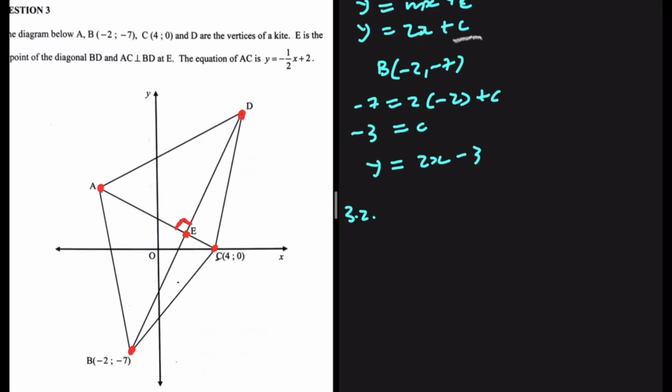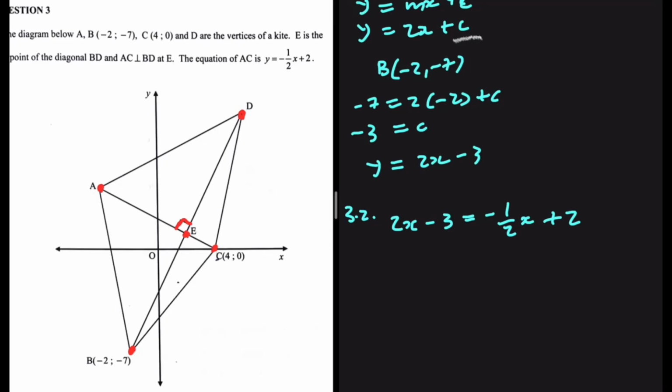If we do that, we're going to have 2x minus 3 being equal to minus 1 divided by 2 x plus 2. We're going to find the x value of E and substitute it into either the equation of AC or the equation of BD.